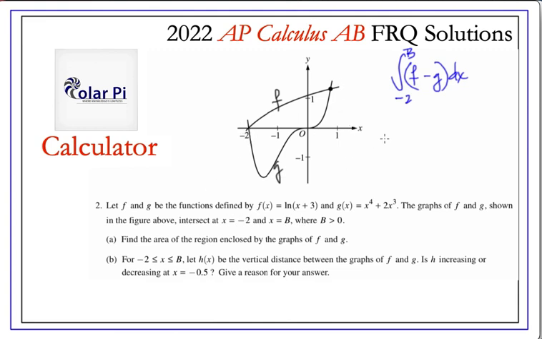The way we find them is by setting the two functions equal, so f of x equals g of x. That's a job for the calculator, and that's how you get the value of b. You can quickly see that both f of -2 and g of -2 are 0.